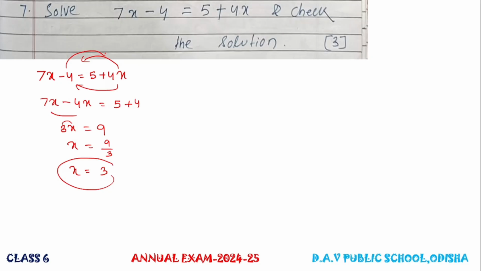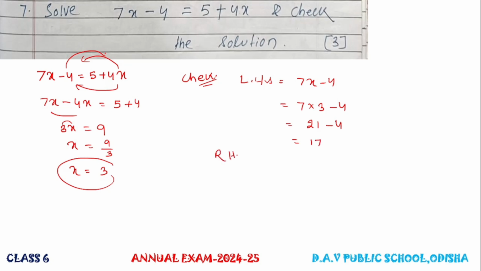Okay, now check. Check means first we write down the LHS, left hand side, that is 7x minus 4. Put the value, that is 7 into 3 minus 4 equal to 21 minus 4, that is 17.